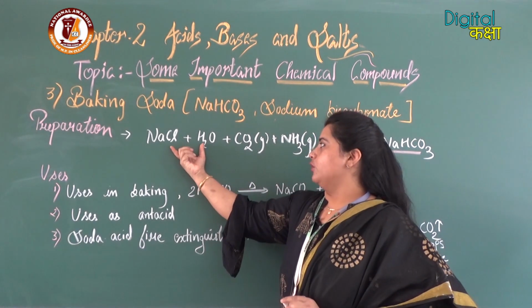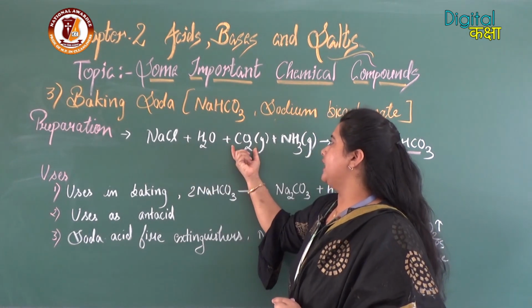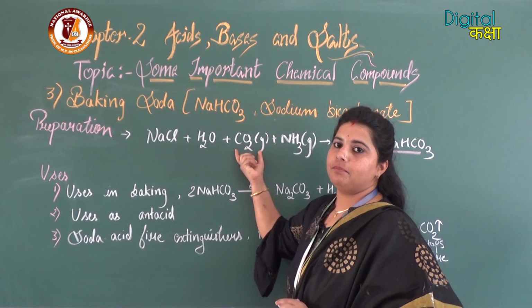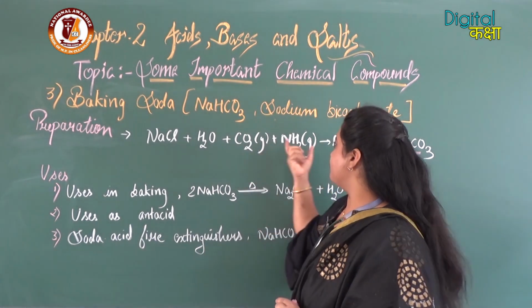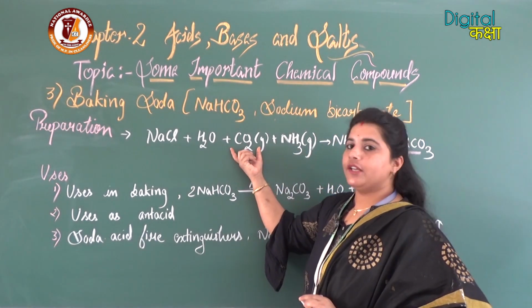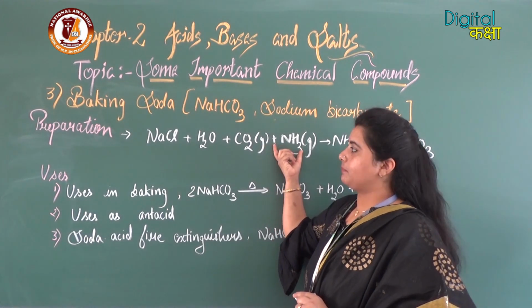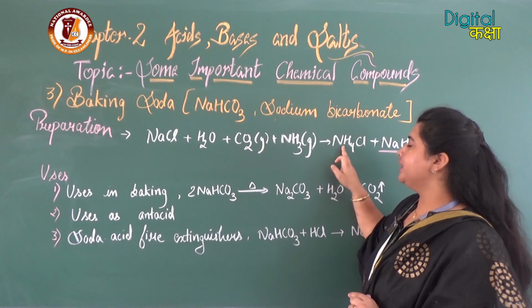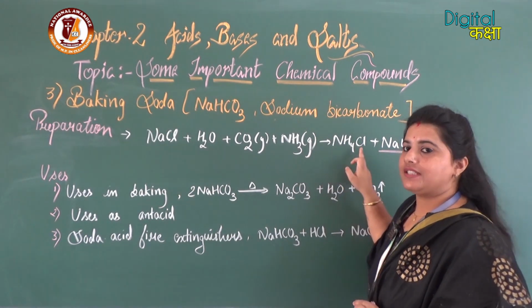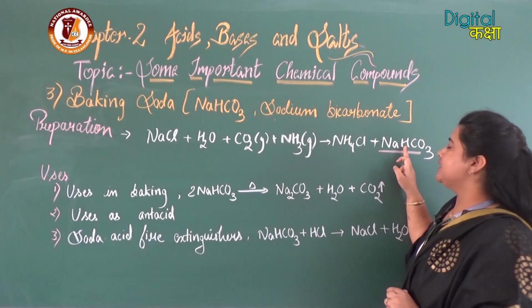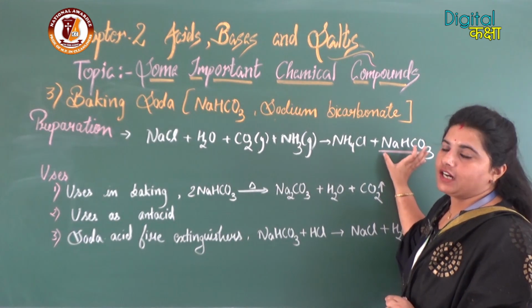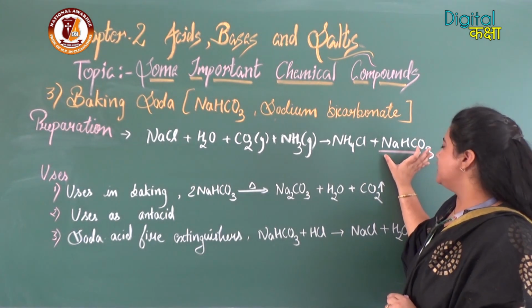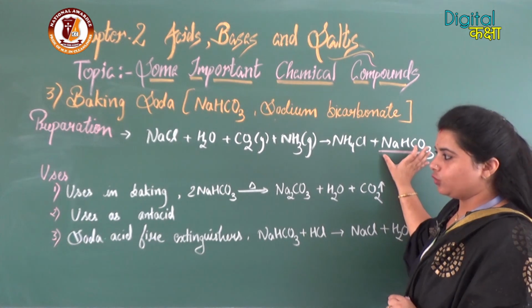Then in the brine solution, carbon dioxide and ammonia gas are passed. When the carbon dioxide and ammonia gas are passed in the brine solution, we get ammonium chloride, NH4Cl, and NaHCO3, that is sodium bicarbonate. So we got this sodium bicarbonate, baking soda.